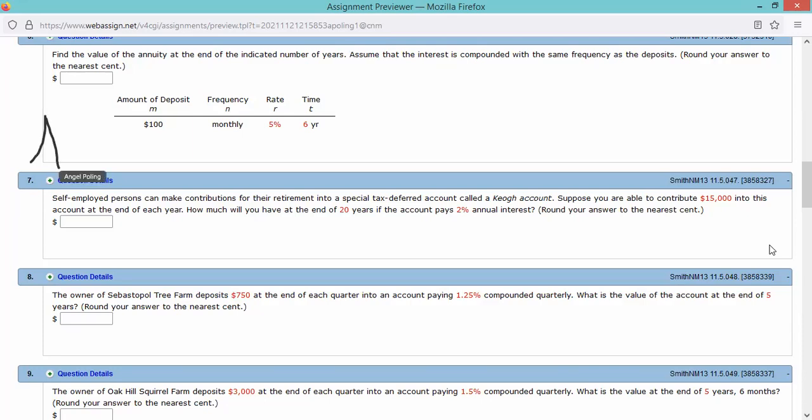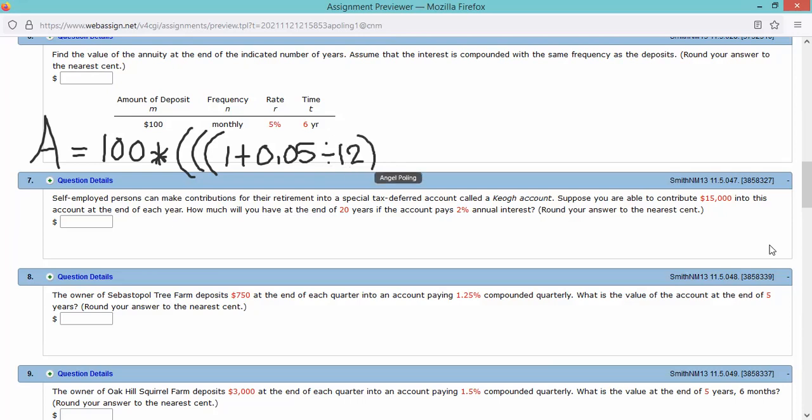So here A equals 100 times 1 plus the rate divided by n, which is 12, raised to the nt.